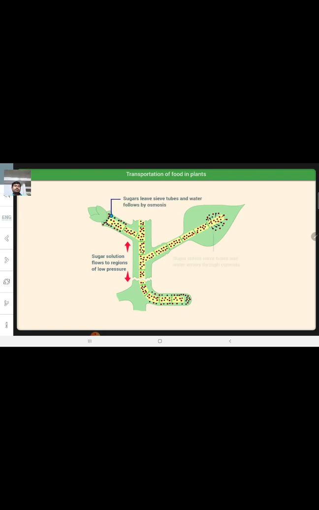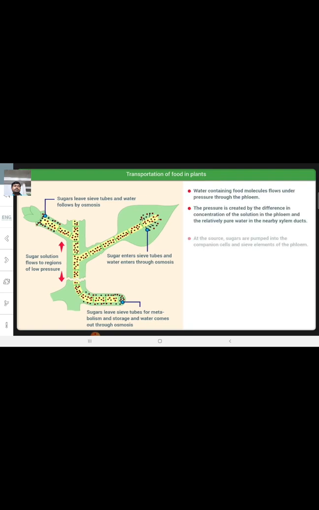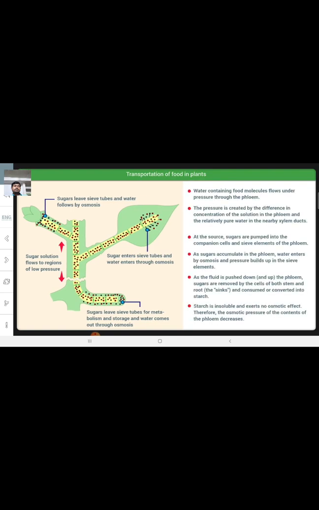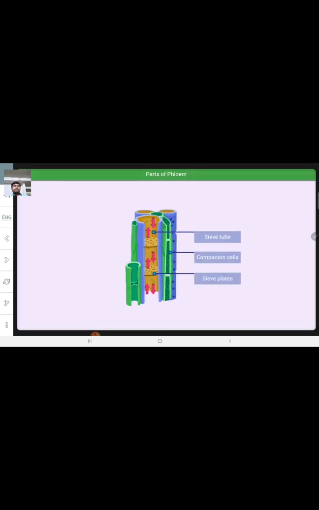Let's look at the process of transportation of food in plants. Tap on the components of phloem tissue to understand the transportation of food.